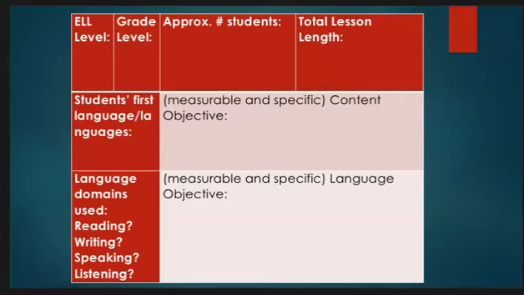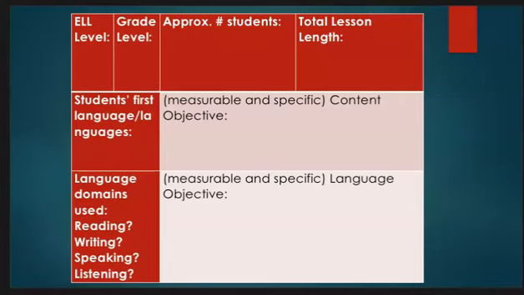And then really some of the crucial parts of this lesson plan are those objectives, both a content objective and a language objective. Those, again, must be measurable, they must be specific, or otherwise, truthfully, your lesson can just fall apart. The content and the language objectives should go together.